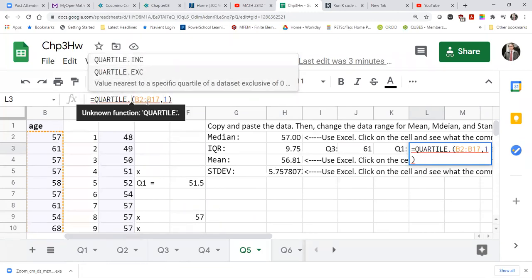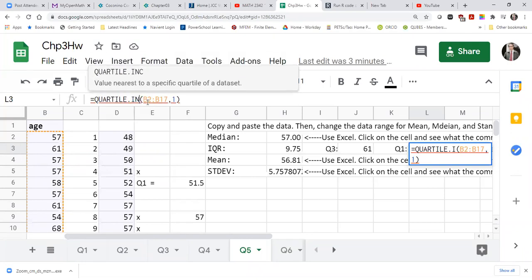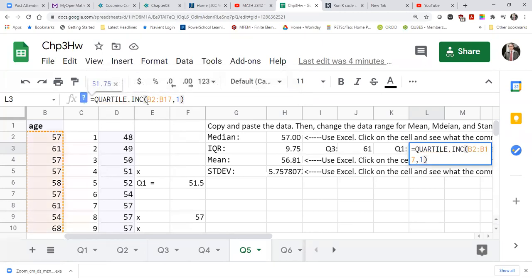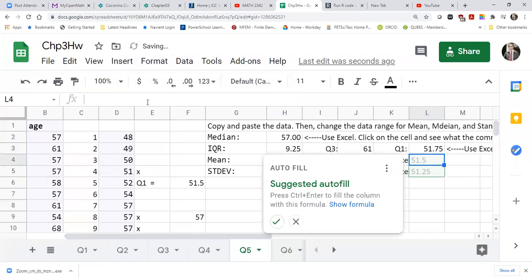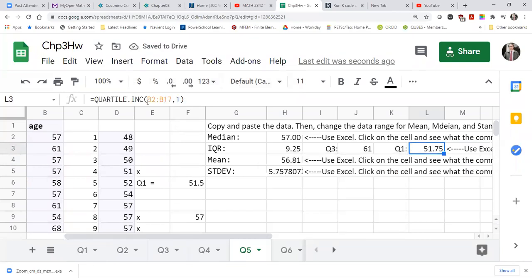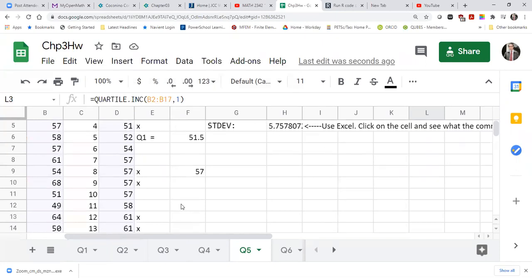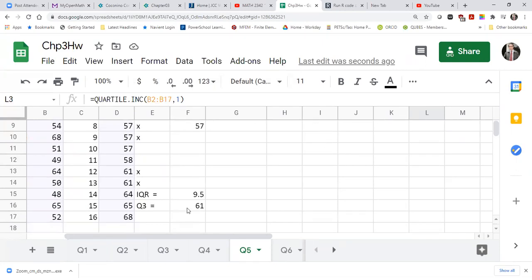Let me see. Apparently Excel is using a different formula or algorithm, so it gives you a different number here. I think the one that is correct should be this one here.